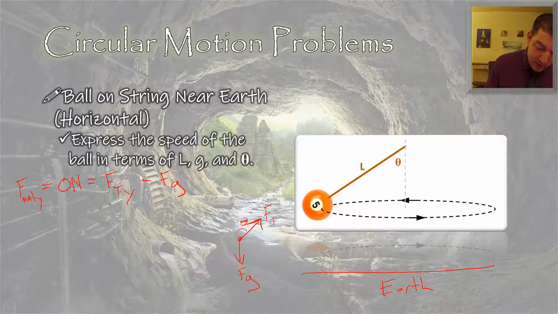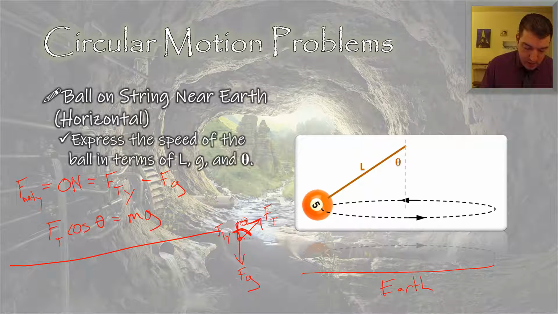Since y is this side right here of this right triangle, that's the adjacent side to this angle theta, that means Fty is Ft cosine theta. Add mg to both sides, and Ft cosine theta is equal to mg.